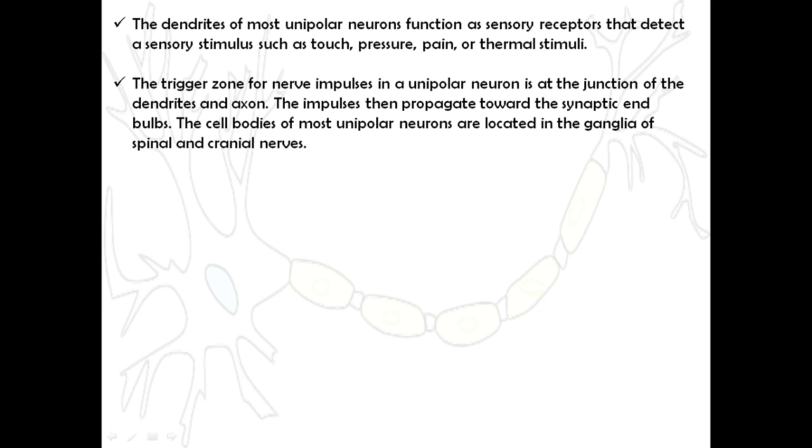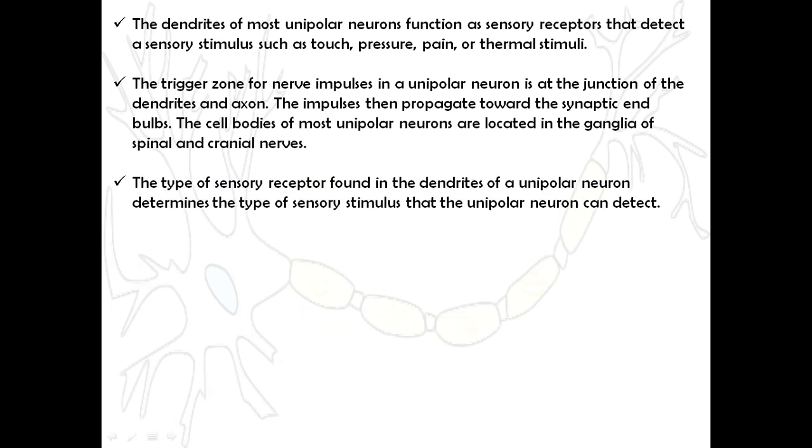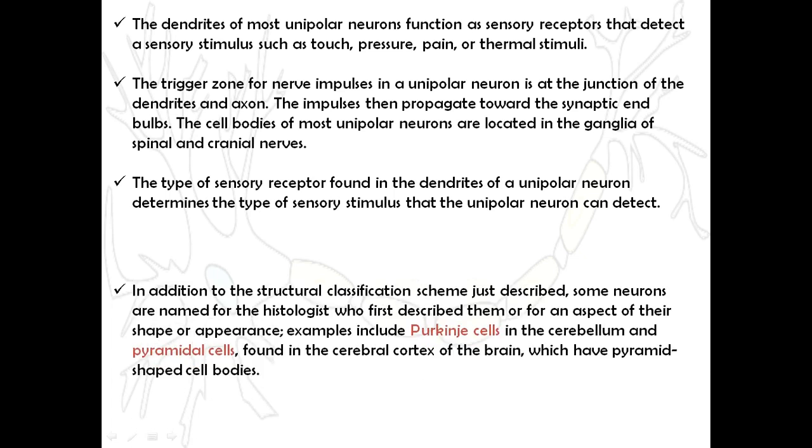The nerve impulses then propagate towards the synaptic bulbs. The cell bodies of most unipolar neurons are located in the ganglia of spinal and cranial nerves. The type of sensory receptor found in the dendrites of a unipolar neuron determines the type of sensory stimulus that the unipolar neuron can detect.